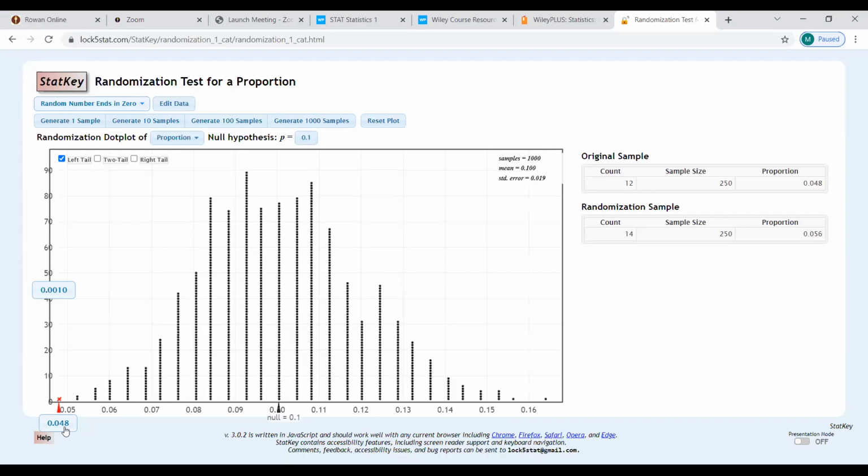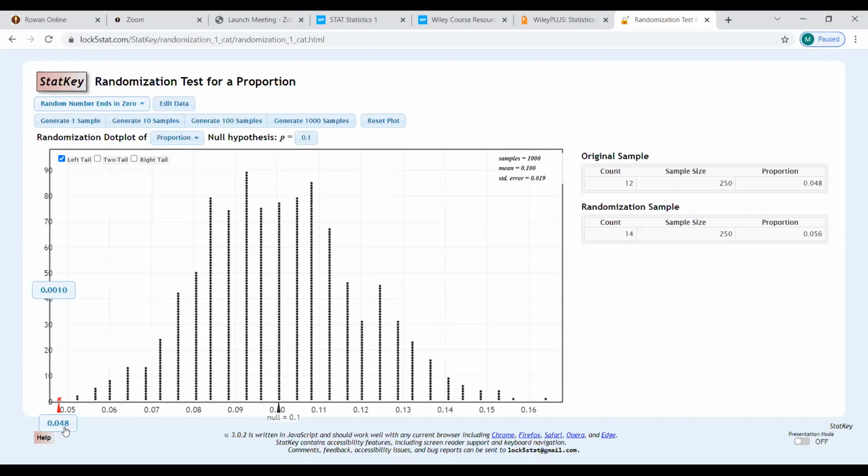You're welcome. All right. So that is called the p-value, and so that's how we calculate, or we're actually not even calculating it. That's how we get the p-value using StatKey, the so-called randomization tests, these randomization distributions.